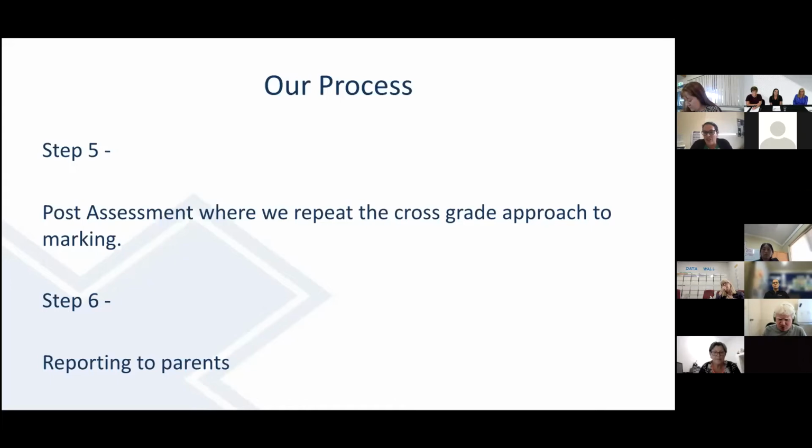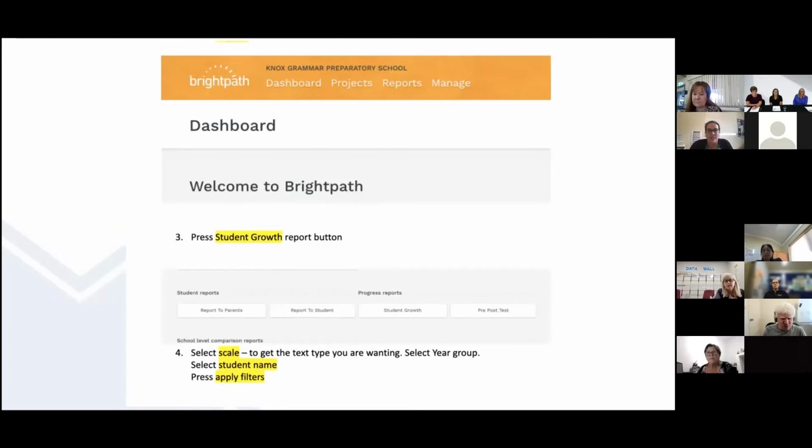And as you know, on a formal report, your students will have a grade for writing and then an overall grade for English. But what we found with this was, I'll just go to the next slide. We really like the student growth report for our parents.